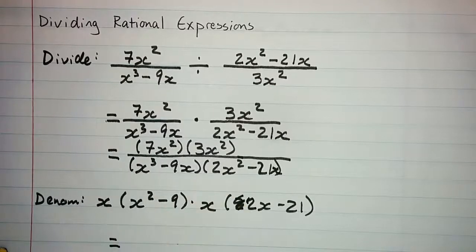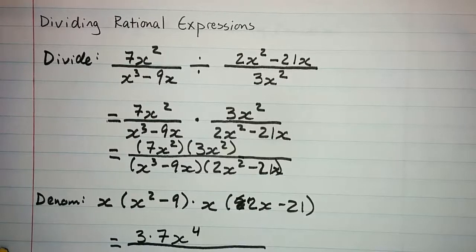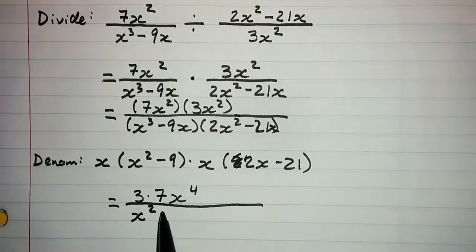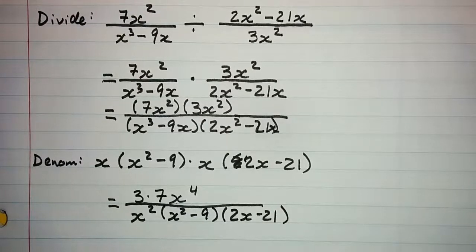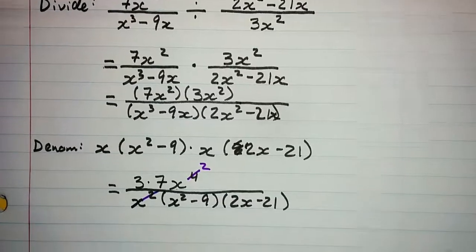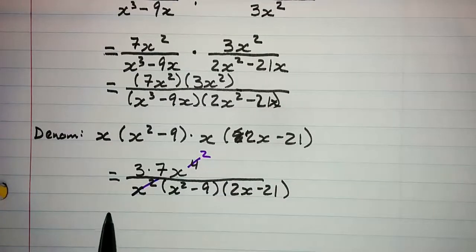I'm just going to rewrite this as the numerator is 3 times 7, x to the 4th. The denominator is x squared times x squared minus 9 times 2x minus 21. What common factors do I have? Well, only x squared. And so my answer doesn't simplify very much, does it?